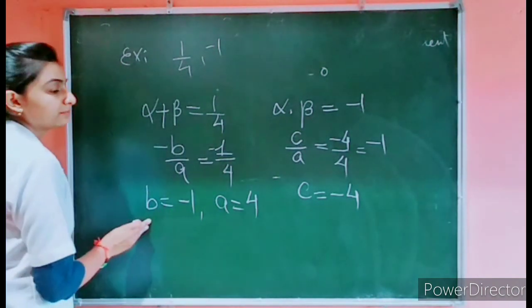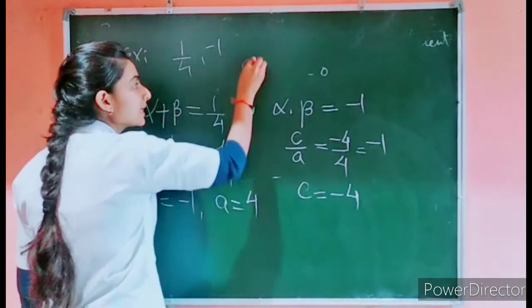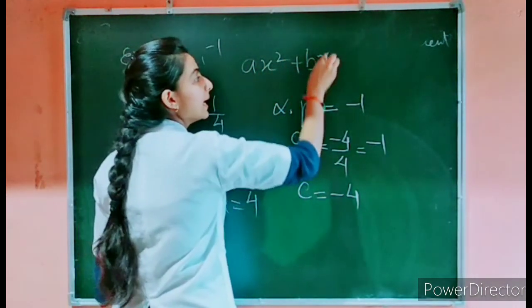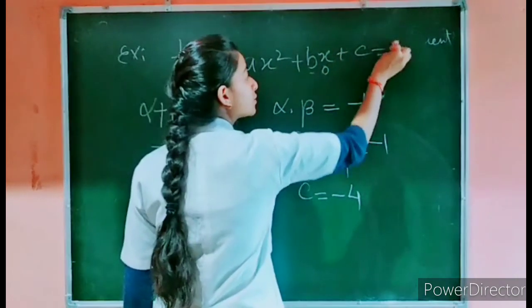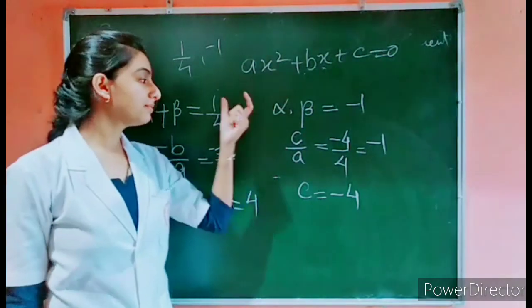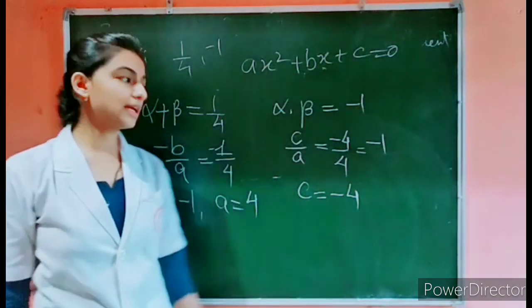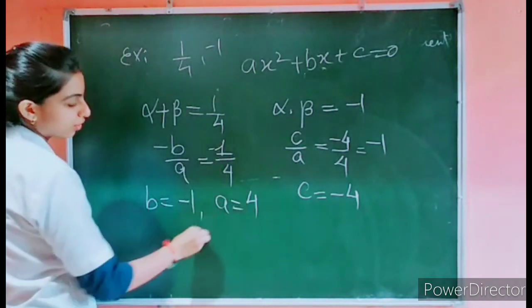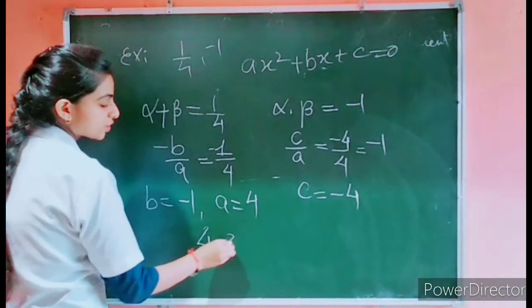Now we will form our equation, that is ax square plus bx plus c is equal to 0. This we have to find. We got a, b and c values, so we will put them in that equation. A value is 4, so 4x square.